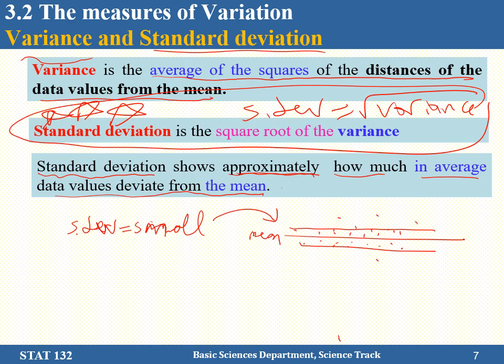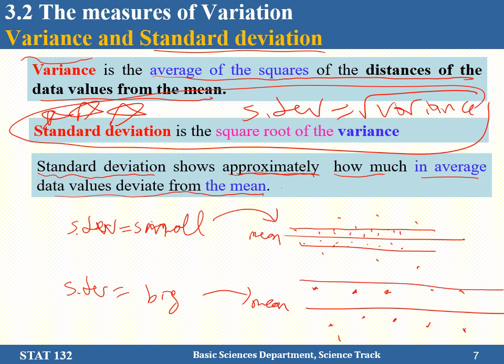There will always be some bigger or smaller values. Now, if the standard deviation is big, the data values around the mean will spread more. So when you calculate the average distance, you will have a bigger strip here.